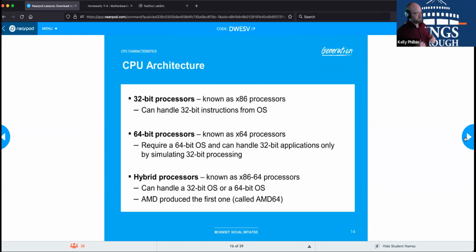So they can run a simulator as if they were a 32-bit architecture to run 32-bit applications. And then we also have hybrid processors, which are known as x86/64 processors, and they can handle either 32-bit or 64-bit operating systems. And AMD was the first one to push one of these out.